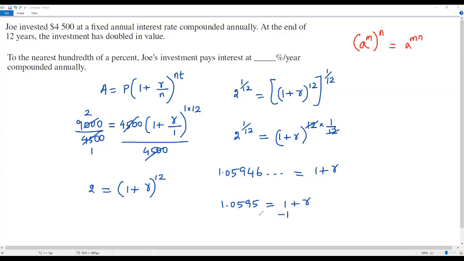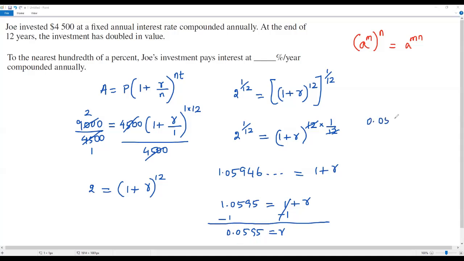To solve for R, I have to get rid of this 1. For that, I subtract 1 from both sides. The positive and negative 1 will cancel out. When I simplify, I get 0.0595 equals R. To convert this value to a percentage, I multiply it by 100.